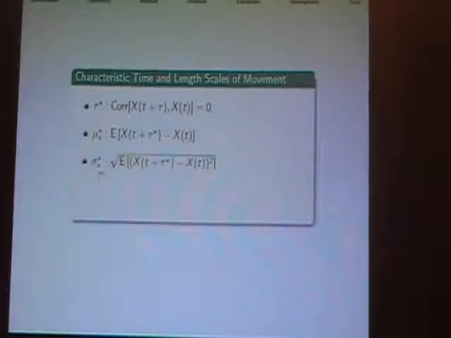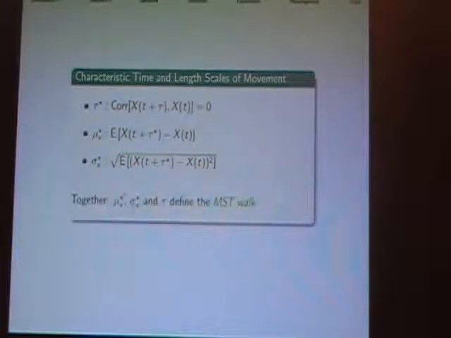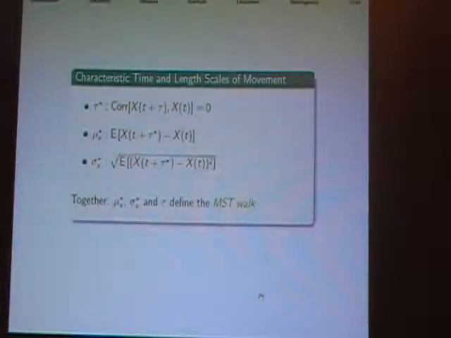And this length scale of randomness, sigma, captures how much movement is random on top of your effective movement. If you take away the effective part, what's left over? What's the length scale of that? And so these three parameters, mu, sigma and tau, define what I call an MST walk.